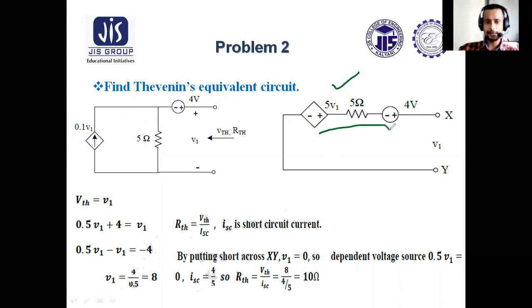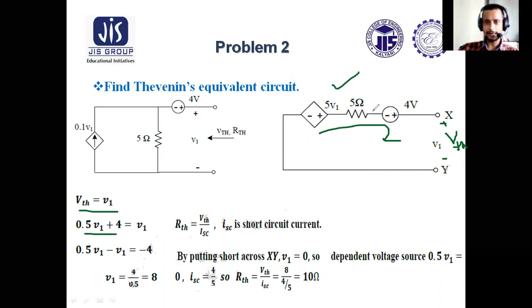Now if we apply KVL here, before applying KVL, see, VTH is to be found across the open circuit terminals. So VTH should be equal to V1. Now apply KVL, 0.5 V1 plus 4. This is 0.5 V1.